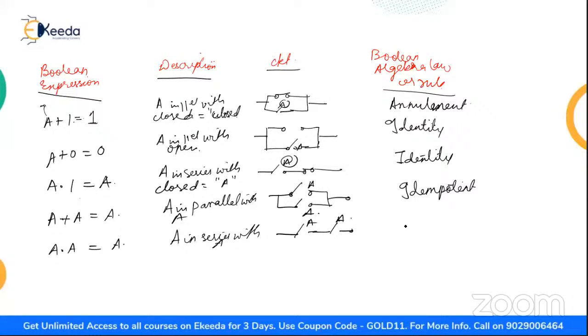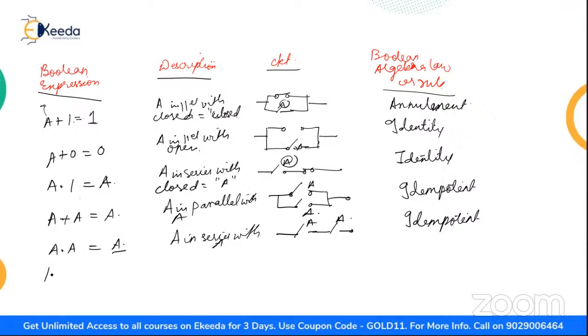So this is again called idempotent. If any one is open, the circuit is open, therefore A. If both are closed, again you will get A.